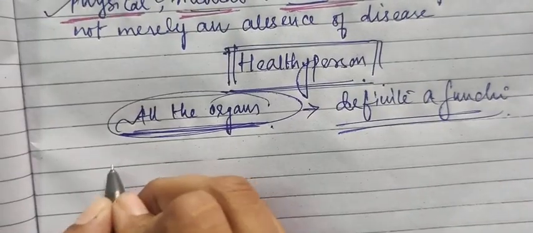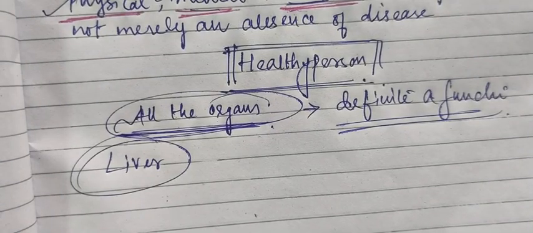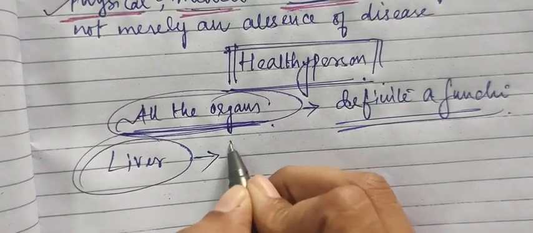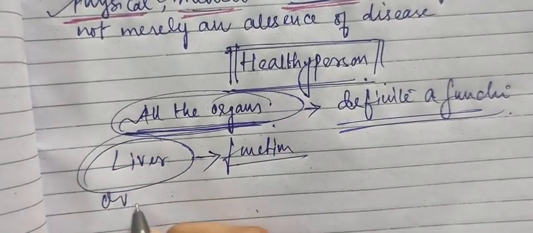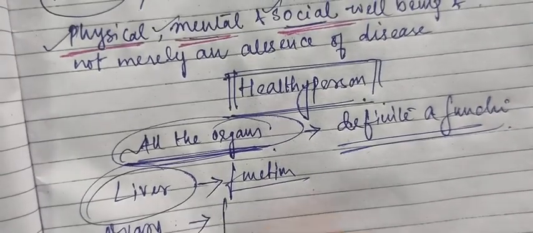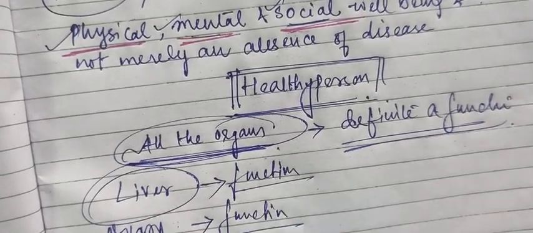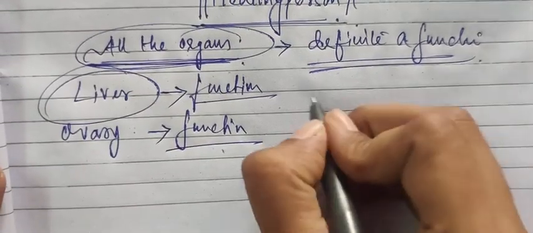Suppose in my body the liver is there. The liver has one particular function. Suppose the ovary is there. The ovary has one particular function. Suppose the stomach is there.